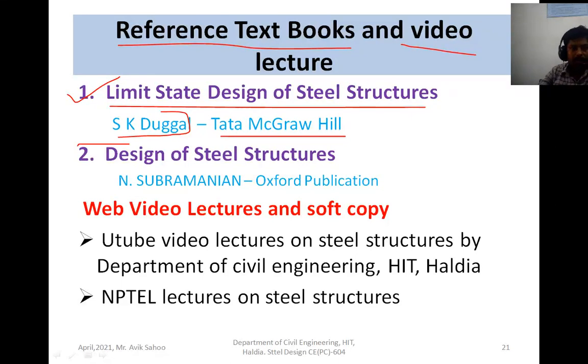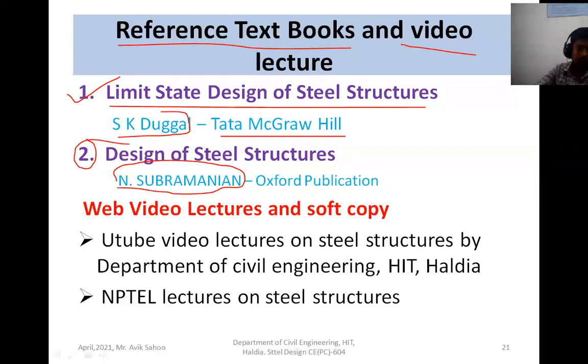The second book, which is very standard, is Design of Steel Structures. Subramanian wrote this book based on IS 800 2007. Both these books are written using the limit state method, following the IS 800 2007 code.